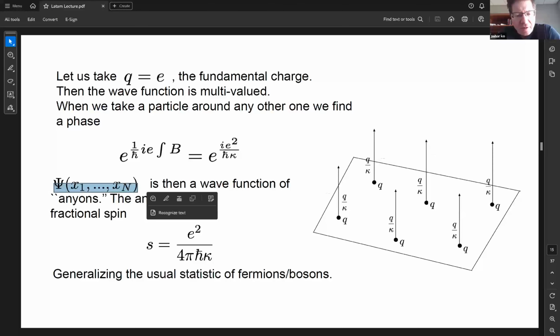But here the anyons are heavy. They're not created or annihilated from the vacuum, and they're just probes. They're kind of like heavy nuclei that move around and sit in some wave function. So in this formalism we don't need a gauge field, but I think if the anyons become dynamical and light, you need a gauge field. I've never seen a formalism that doesn't have a gauge field, to be honest.